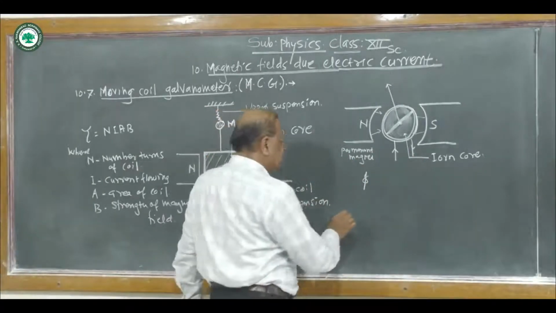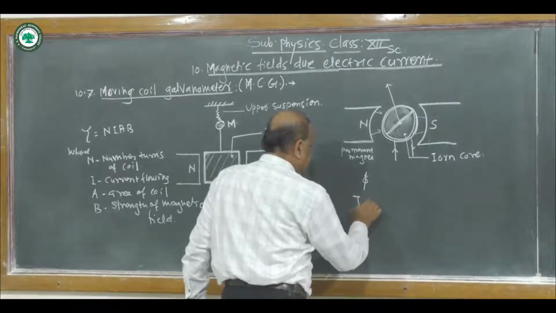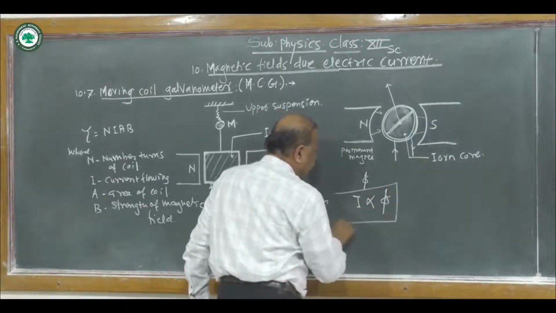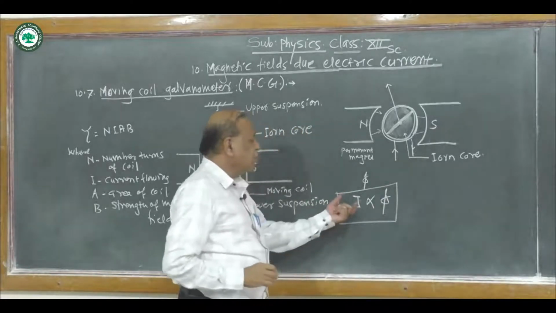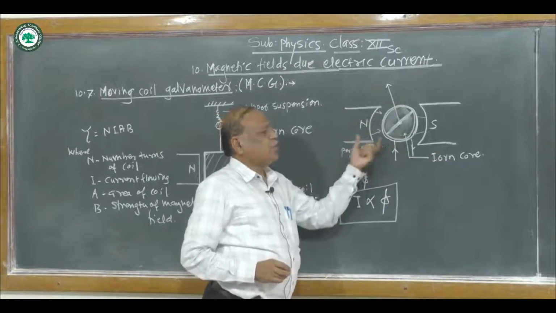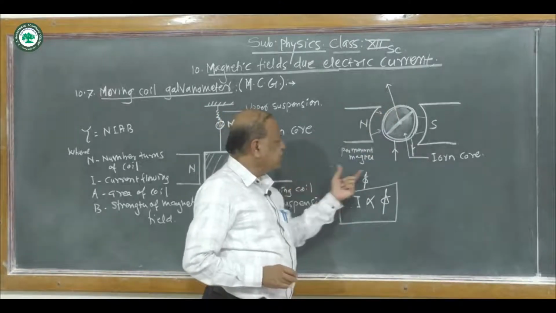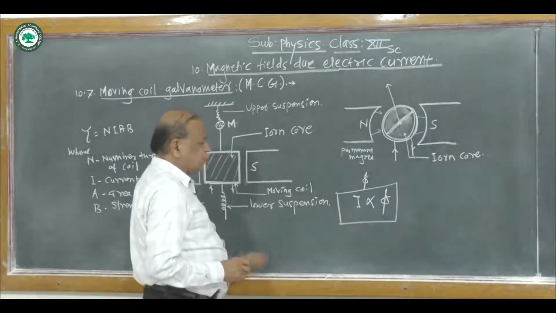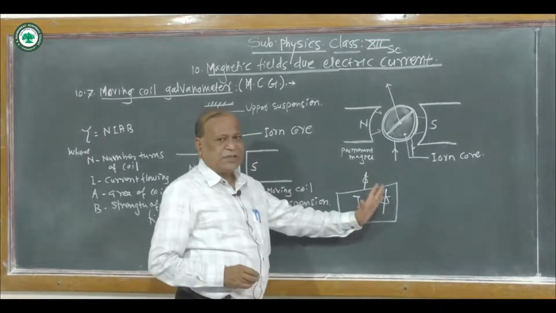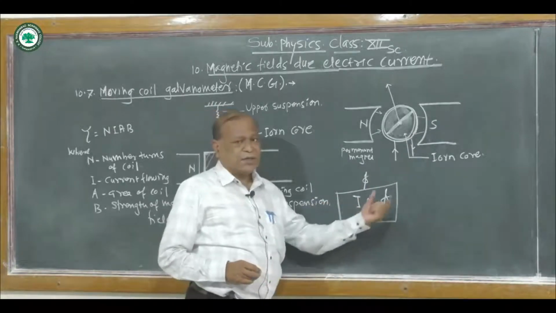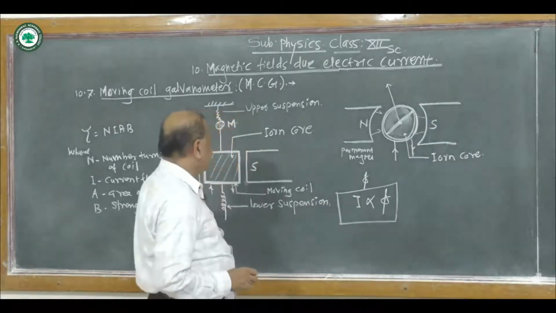That is, the current I is directly proportional to the deflection produced by the rotating coil. This is the principle of the moving coil galvanometer. It means if current increases, deflection also increases; both are directly proportional to each other.